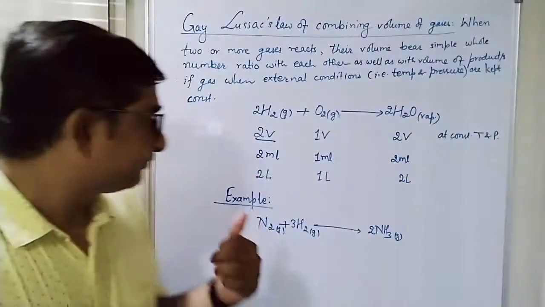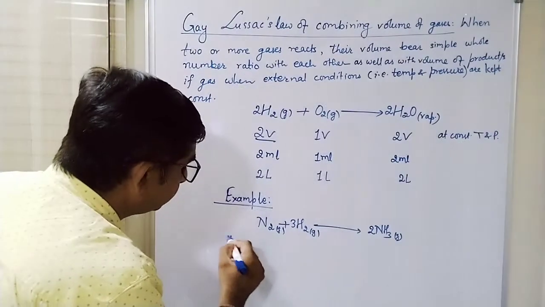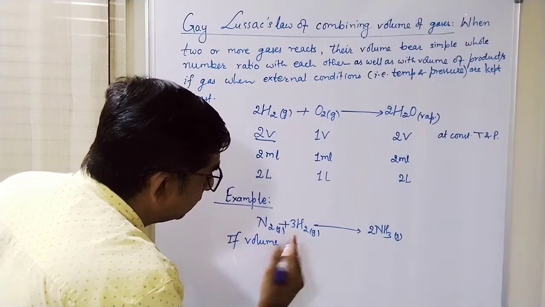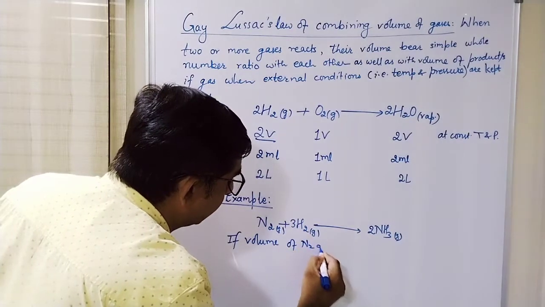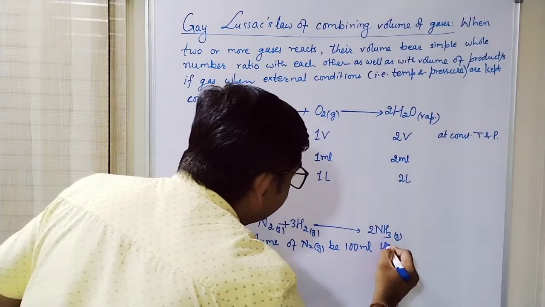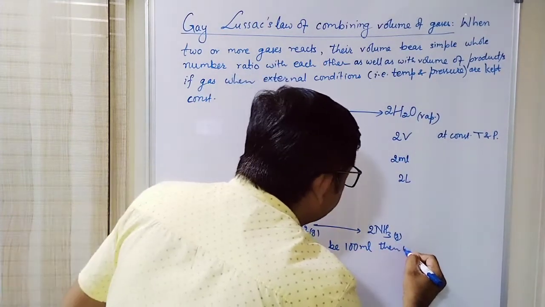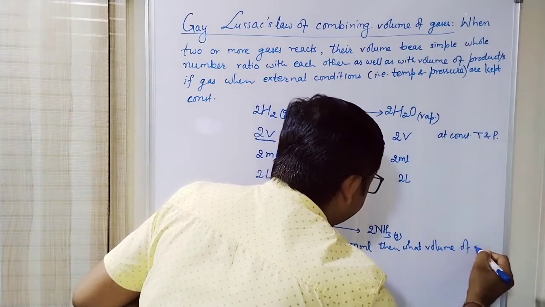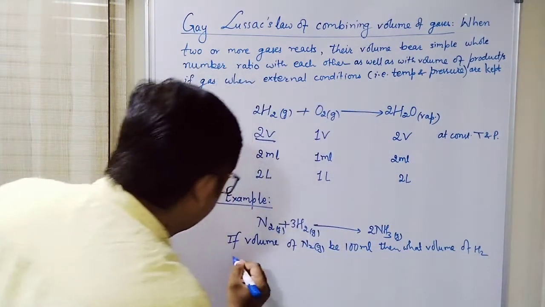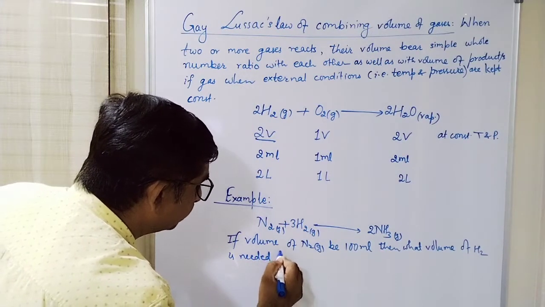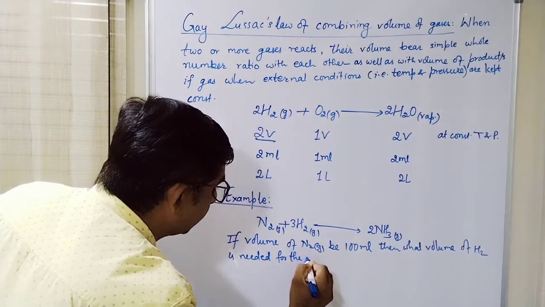So, if the volume of nitrogen gas is 100 ml, then what volume of H2 is needed for the reaction?